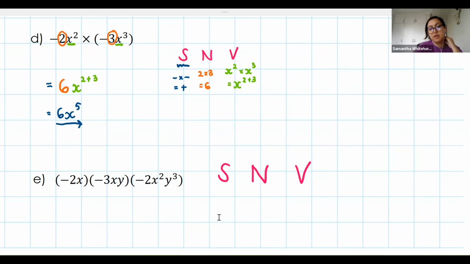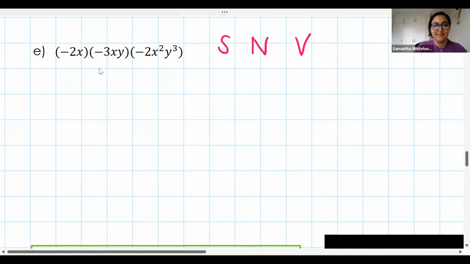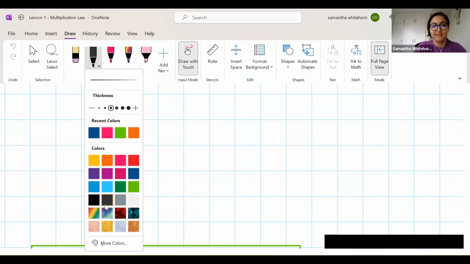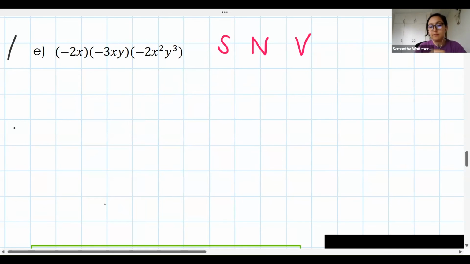Okay, Vele, do you want to explain it for us? Sorry, ma'am. I think the answer is -7x to the power of 2y to the power of 3. Okay, where did you get -7 from? Let's start with that.